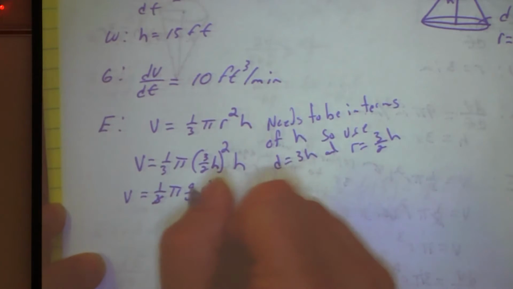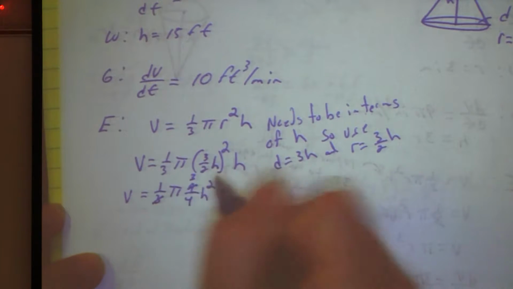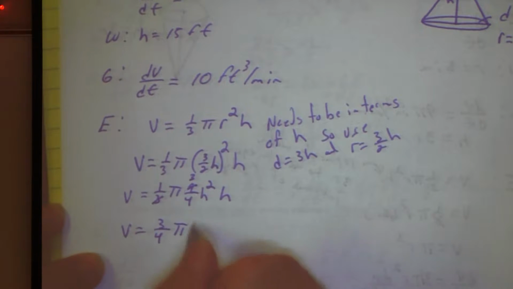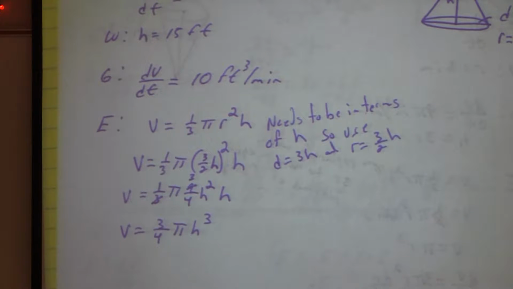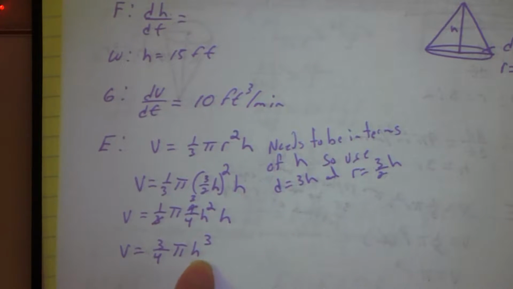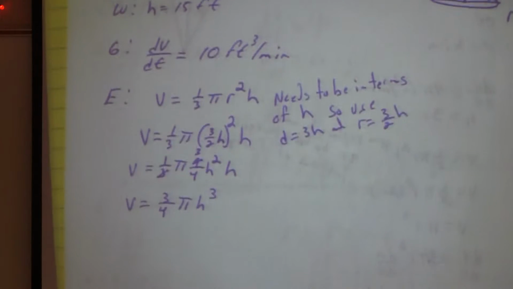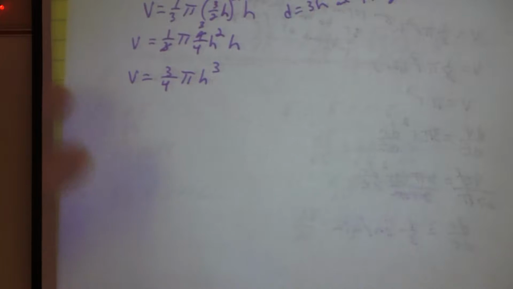This 3 goes away and this becomes a 3. So really the volume is 3 over 4 pi h cubed. Now I finally got my simplified form of the volume formula, only in terms of h. Again, I know that I need it in terms of h because of what I'm given and what I'm trying to find. Okay? So let's do it.